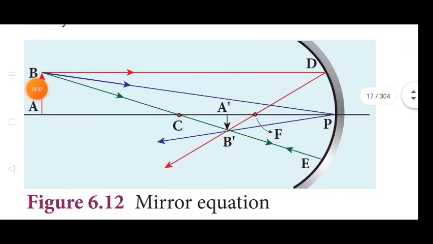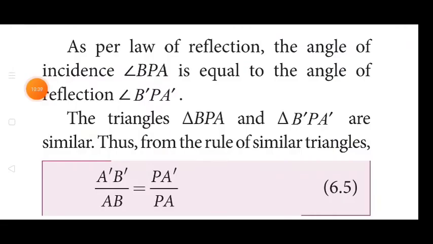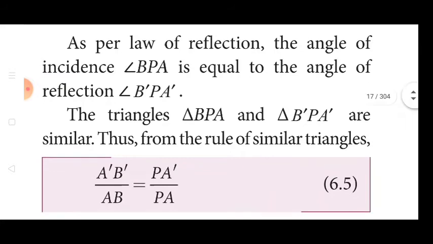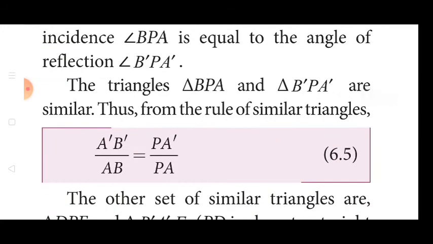As per the law of reflection, the angle of incidence BPA is equal to the angle of reflection B dash PA dash. The right angles BPA and B dash PA dash are similar. Thus, from the rule of similar triangles, A dash B dash by AB is equal to PA dash by PA.